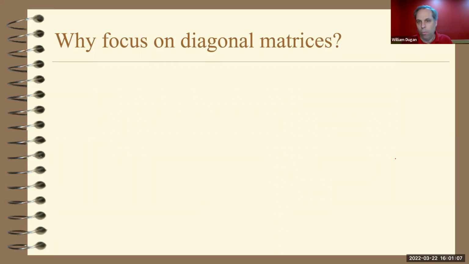Okay, so then why do that? Let's just look at that process. For a moment, let's say that a matrix A is similar to a diagonal matrix. So that's a diagonal matrix, and it has entries on its main diagonal. I'll call them lambda 1, lambda 2, up to lambda n.